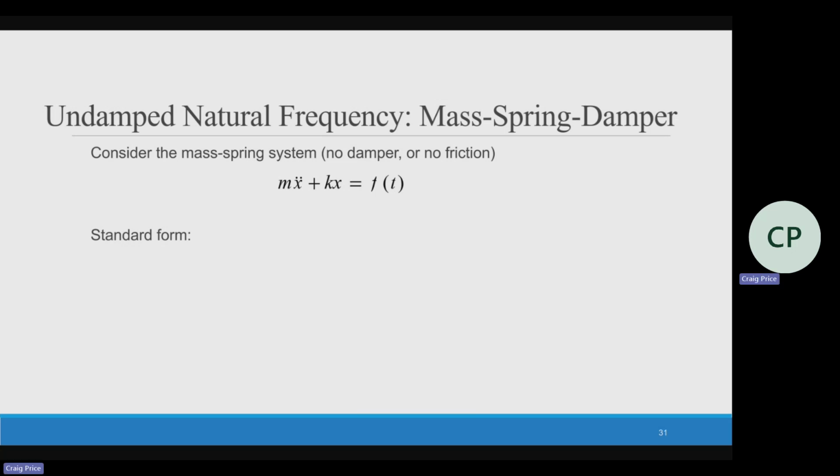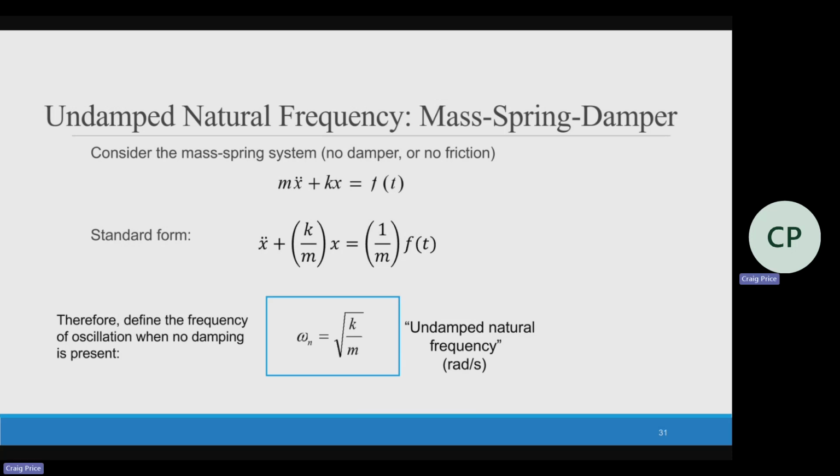It's just going to oscillate. There's no damping. There's nothing. So it's just going to have a nice frequency and everything. If I put it in standard form, that would be this. I divide both sides by mass. And if I wanted to find the natural frequency of that system, then I'm taking the square root of this value, because now I have it in standard form. So natural frequency is the square root of K over M. That's the undamped natural frequency.